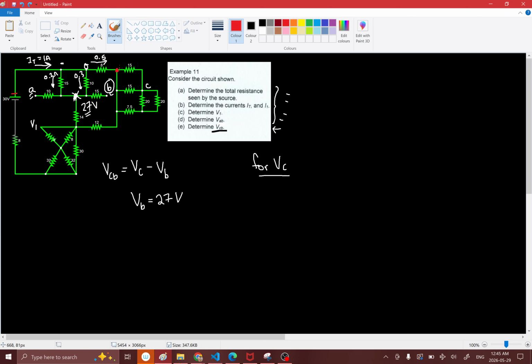So that means there's no current moving around here. What does that mean? It means that the voltage drop across this resistor is 0, because the voltage drop is equal to the current moving through the resistor multiplied by the resistance. So the voltage drop is 0 multiplied by the resistance, which is 15. 0 times 15 is just equal to 0. So there's no voltage drop there.